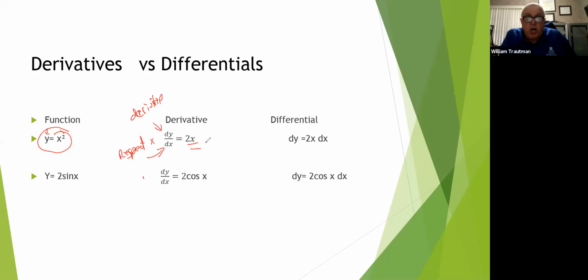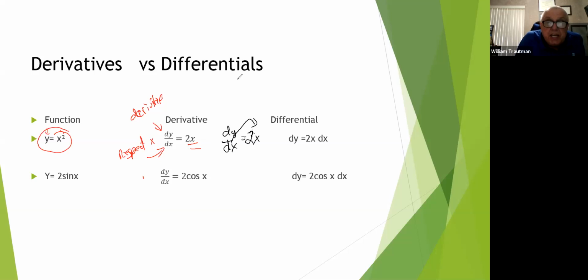Now, we call it a differential if, let me erase, oh no, I'm not going to erase. So I have, once again, dy dx equals 2x. We call it a differential if we bring this dx to the other side.